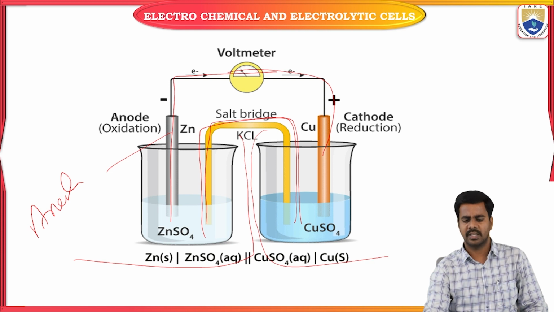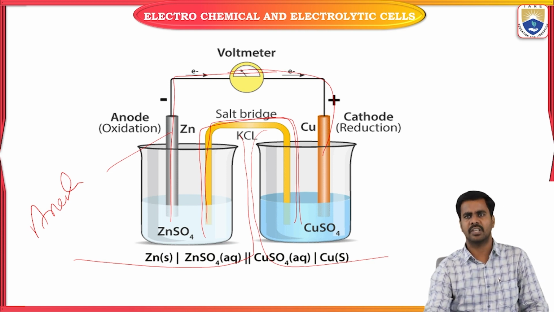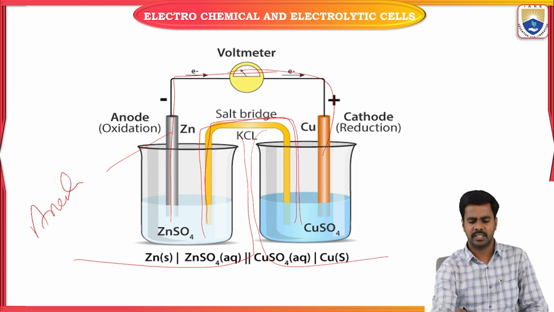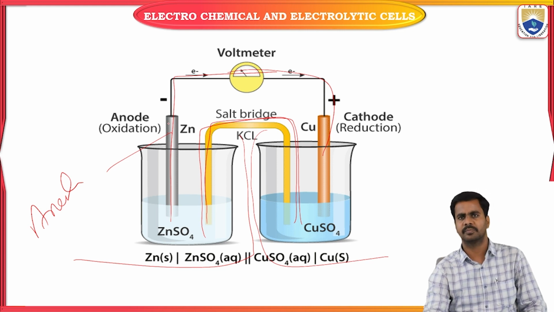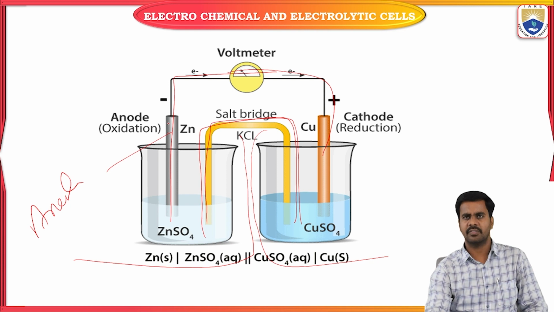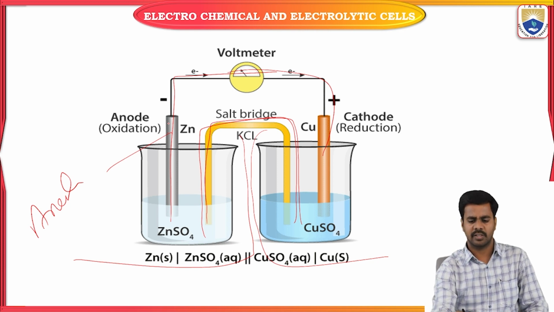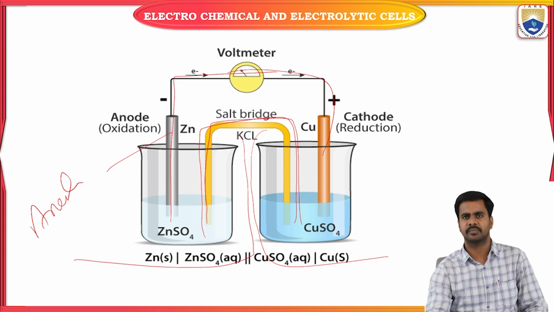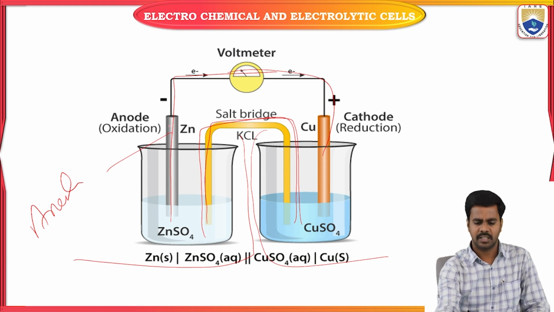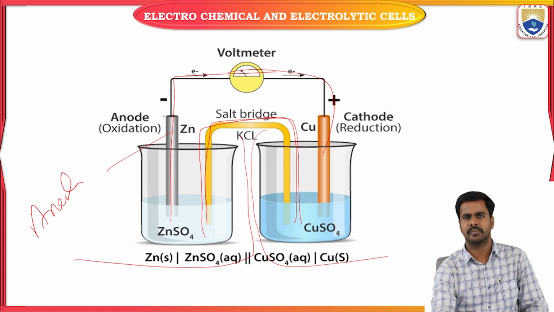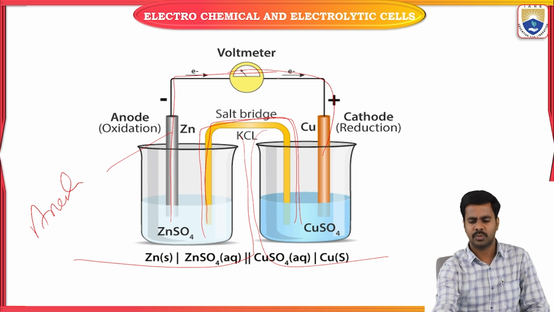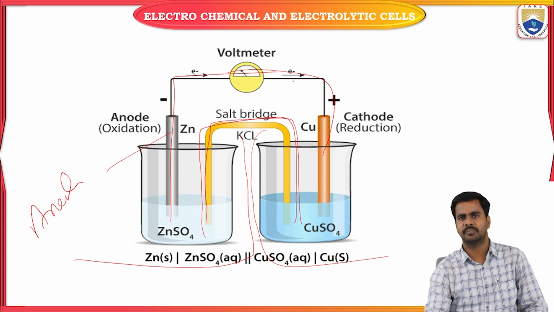Oxidation takes place at the anode. Oxidation is the release, or removal, of electrons. These electrons move towards the cathode through the external wire.